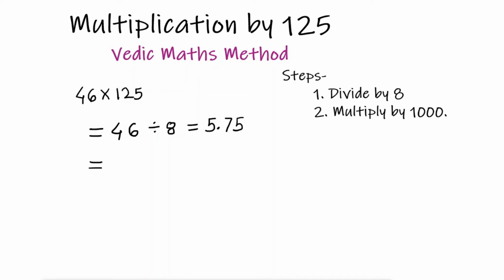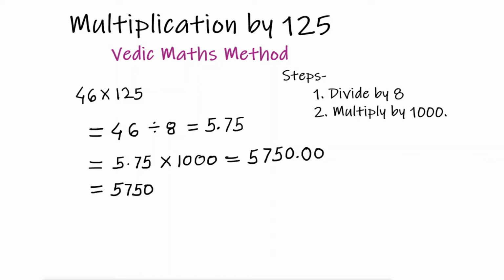Means simply we have to multiply 5.75 into 1000. Then you will get the answer 5750.00. As we already know, there is no use of zeros after the decimal point. So the final answer is 5750.